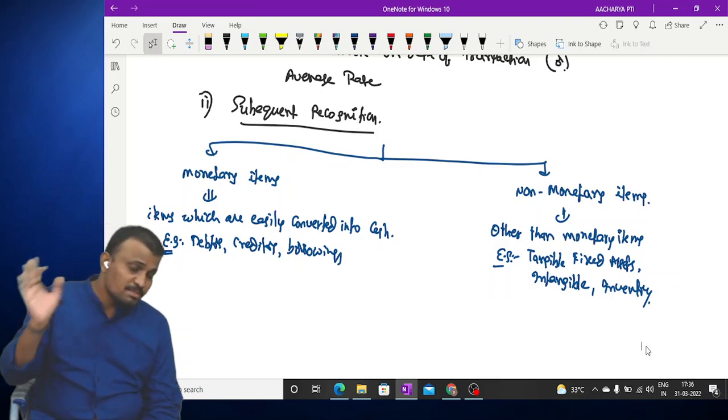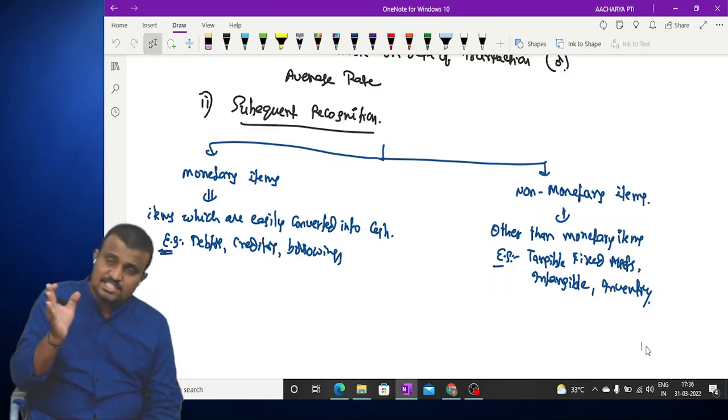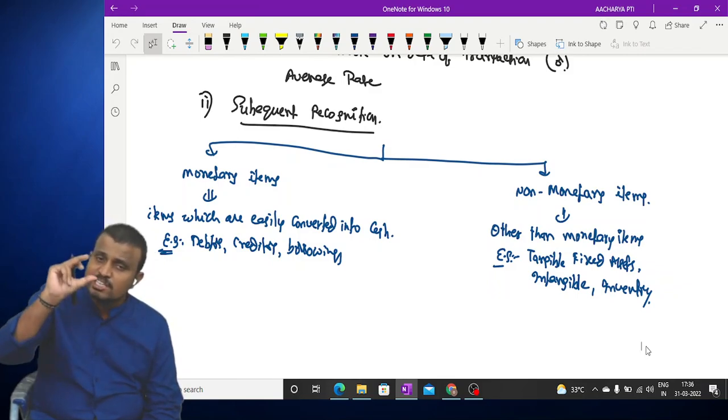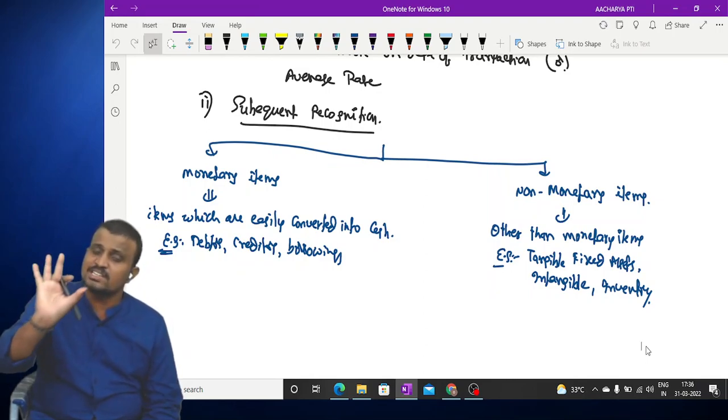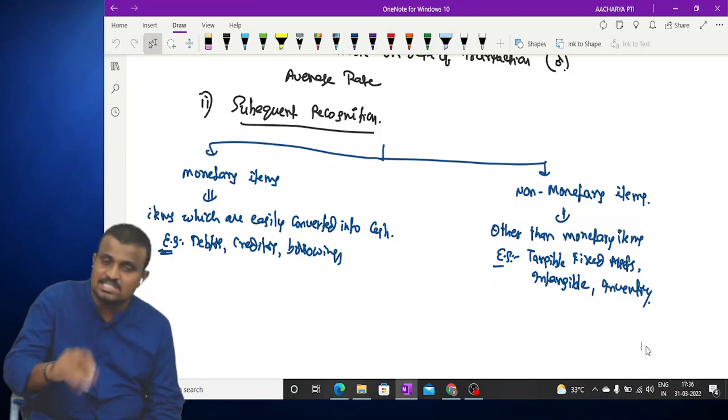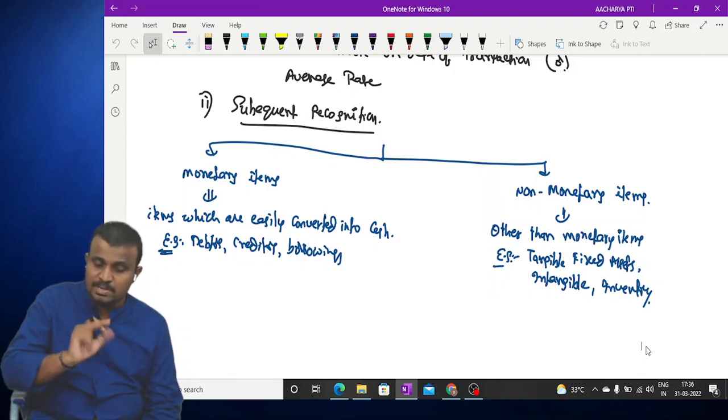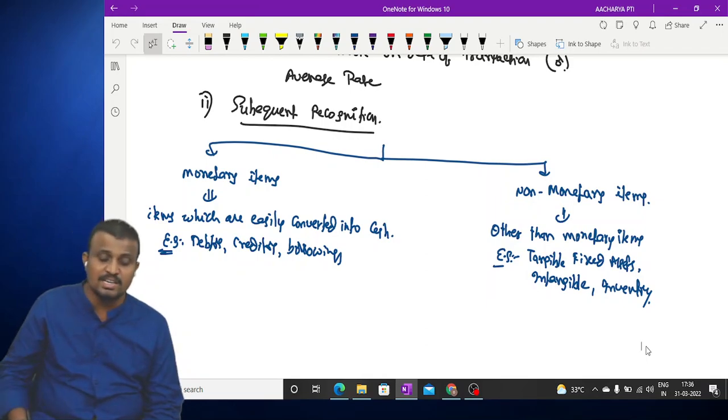But in the subsequent period, whether the exchange difference, that is, any profit or loss created due to the change in exchange rates, is recognized in the books of accounts or not depends upon monetary item and non-monetary item.